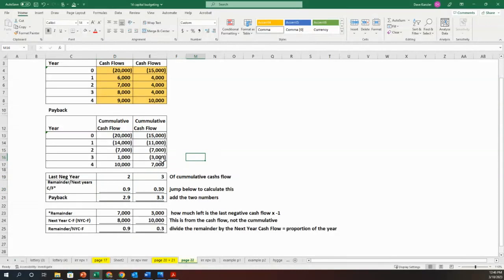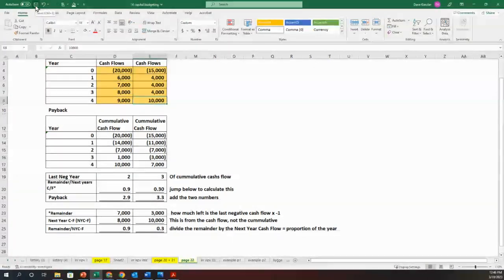In this case, we were -3, with 3,000 left to go. The next year we were going to earn 10. So 3/10 of the way through the year, we would get to the 0 point. So we add the 0.3.